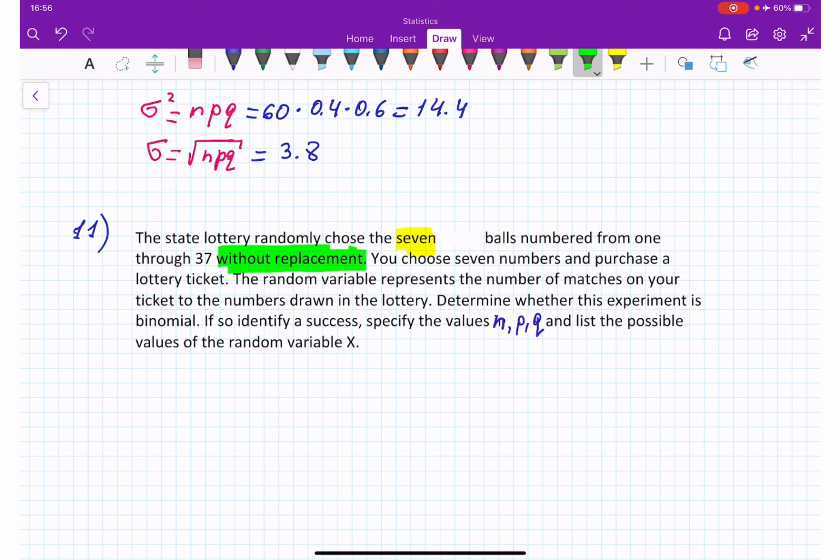That is already not independent, right? The number of balls is going down already. Third time it's going to be 5 balls, and so on. Which means it is already not a binomial experiment. So, the experiment is not binomial.